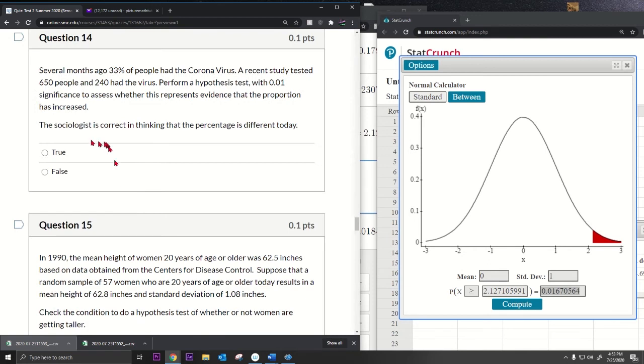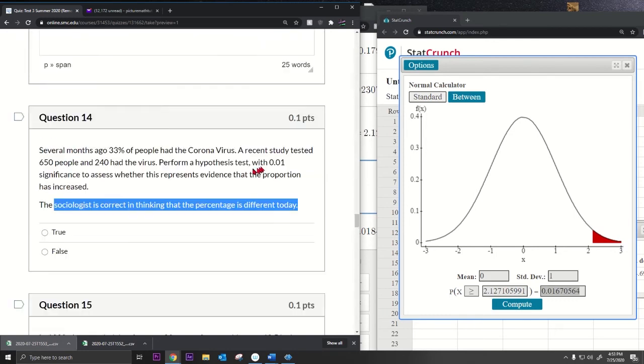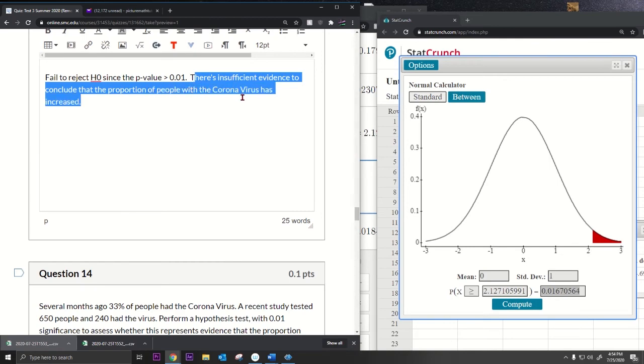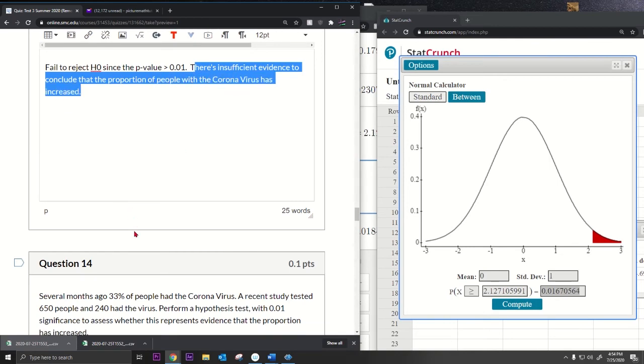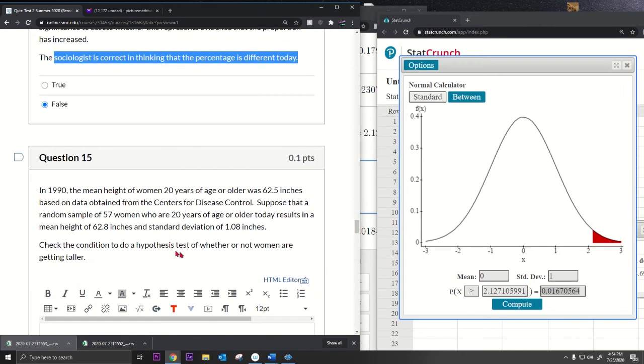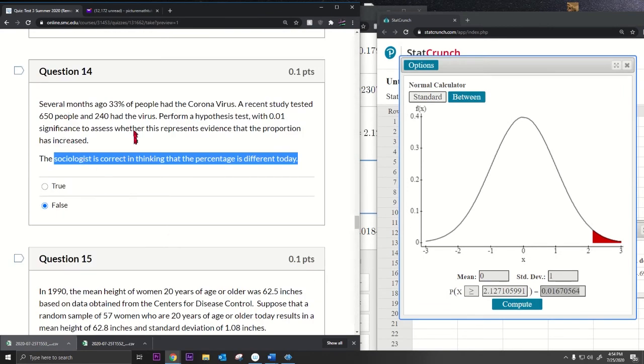Number 14. The sociologist is correct in thinking that the percentage is different. No, he's not correct, because we just showed there's insufficient evidence to conclude that the proportion of people with the coronavirus has increased. In other words, it's still the same. So has it changed? Is it different? Nope, it's not different. Okay, got it? So this is a continuation of the last question.